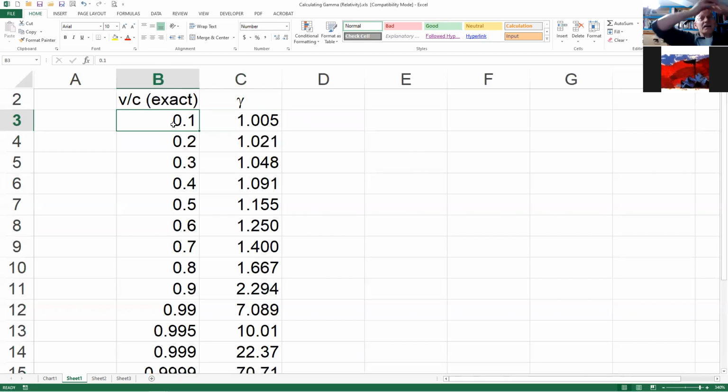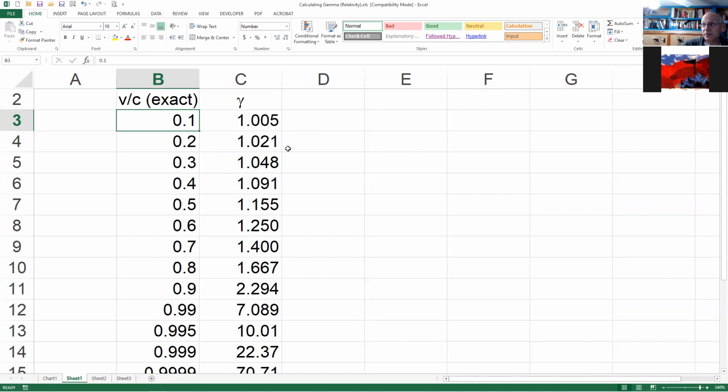And at 1/10 of the speed of light, the difference is going to be not much. Gamma is equal to 1.005. So what is that? 0.5% difference at 10% the speed of light. So not very noticeable. If you double the speed, though, the difference ends up getting quite a bit bigger.